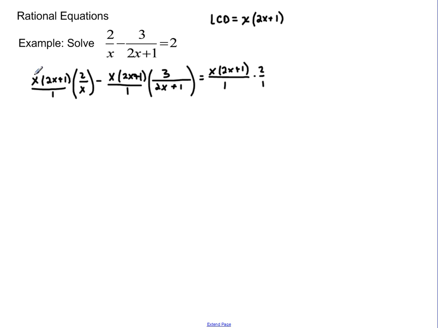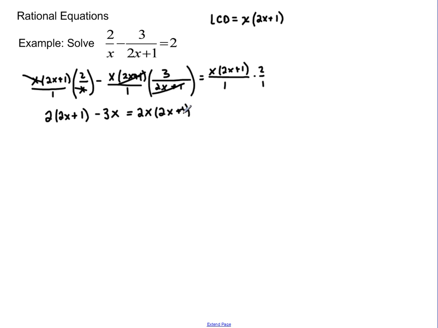Well, our denominators are going to cancel out. So we're going to get x canceling here, leaving us with 2 times the quantity 2x plus 1. 2x plus 1 will cancel with 2x plus 1 in this denominator, leaving us with minus 3x. And on the right-hand side, we're going to end up with 2 times x times 2x plus 1.